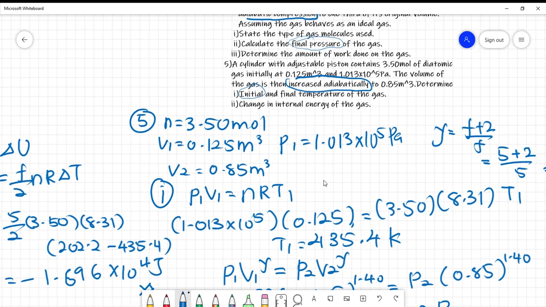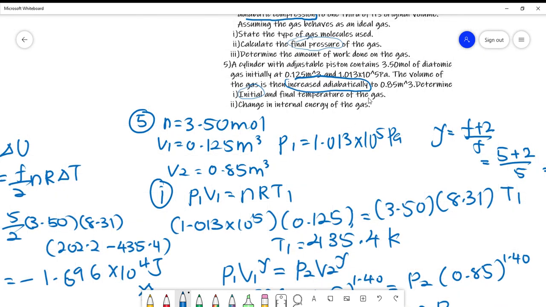expansion. It is obvious, since the volume expands from 0.125 meter cube to 0.85 meter cube. This proves that the process is actually expansion.